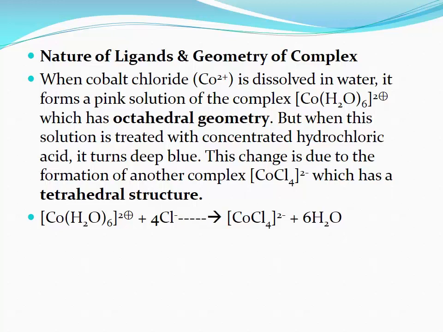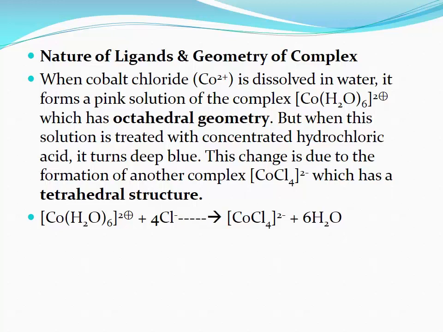The formula of this complex is [Co(H2O)6]2+, which has octahedral geometry. But when this solution is treated with concentrated hydrochloric acid, it turns deep blue. This change is due to the formation of another complex, that is [CoCl4]2-, which has a tetrahedral geometry.